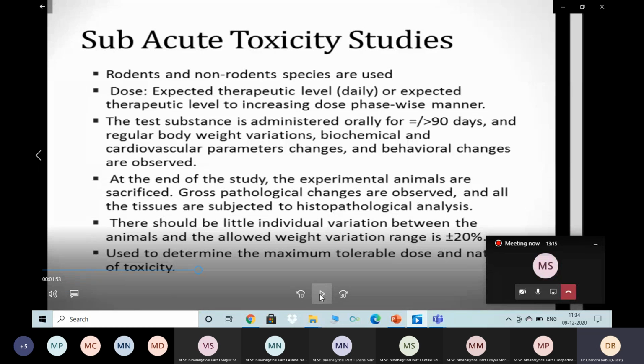Basically, rodents and non-rodent species. Dose is the expected therapeutic level daily, or the expected therapeutic level is increased in a phased manner, not a direct way, phased manner.